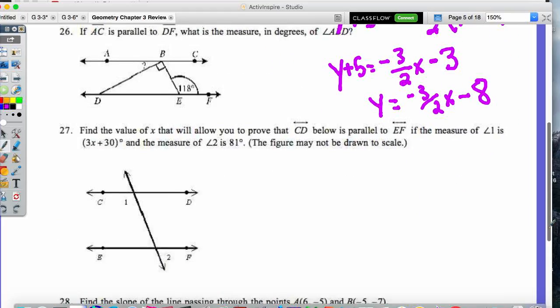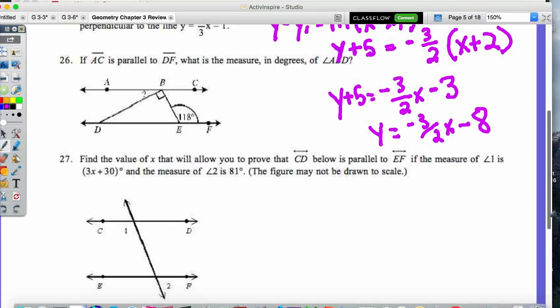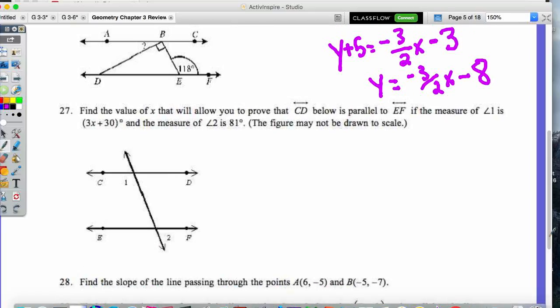Number 27. Find the value of X that would allow you to prove CD below is parallel to EF. So if CD, we're using the converse here, is parallel to EF, then 3x plus 30 is angle 1, and the measure of angle 2 is 81.